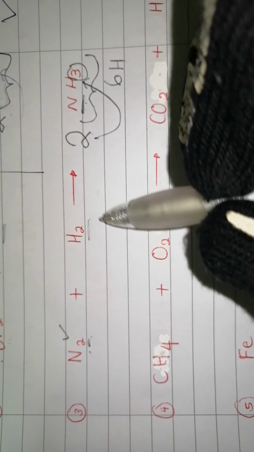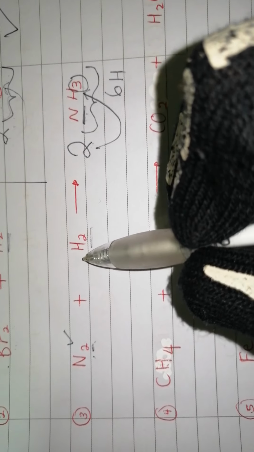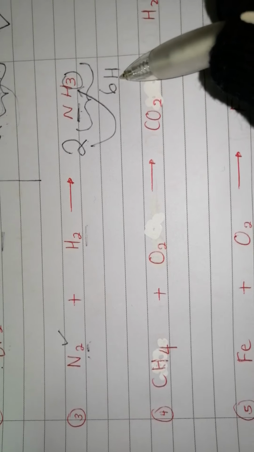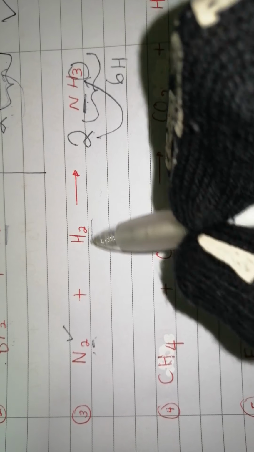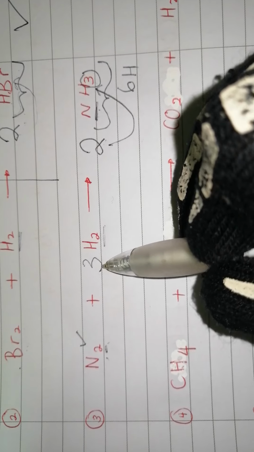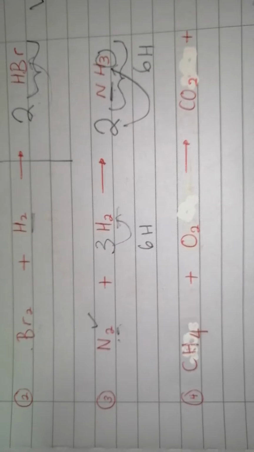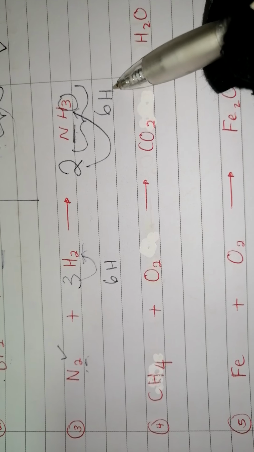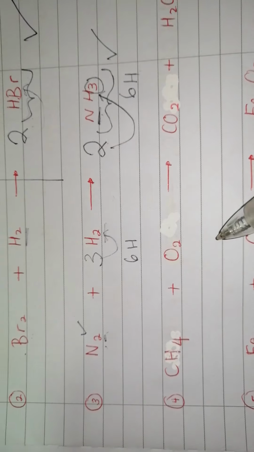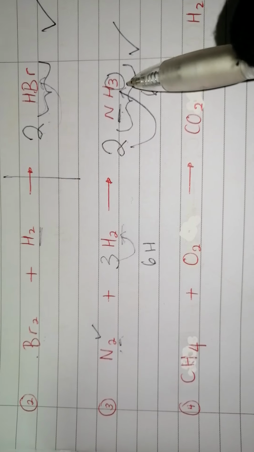So I have to make this side also a 6. So I have to put something in front of the hydrogen here. When I multiply it by 2, it will give me 6. And what do you multiply by 2 that gives you 6? It is a 3. So you're going to put a 3 here. So now when you say 3 times 2, this gives you 6 hydrogens, and that matches with these 6 hydrogens. So it means the nitrogens are balanced now and the hydrogens are balanced. So this equation is balanced.